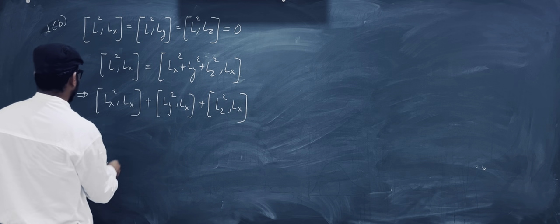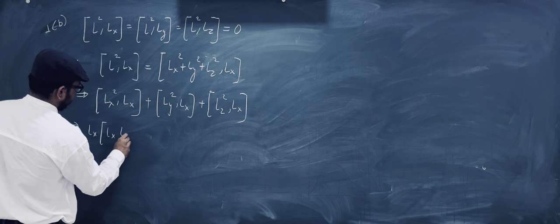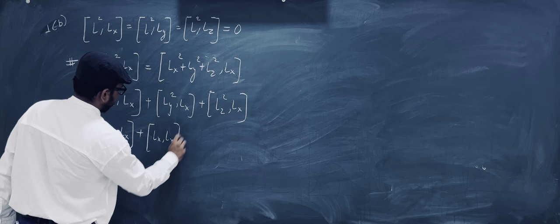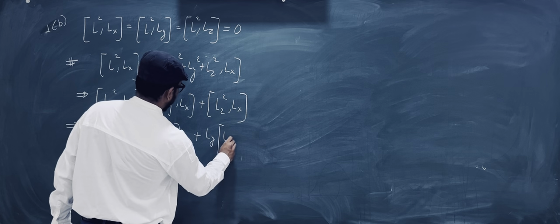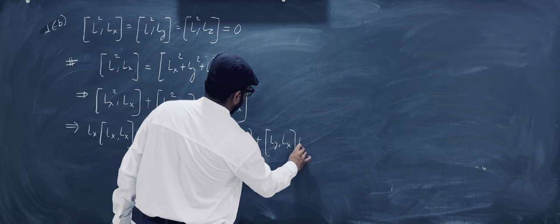Now the first one will be 0, and we can write the others in terms of Ly Lx and Ly.